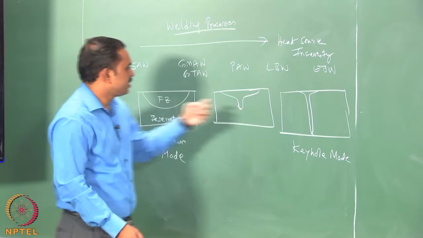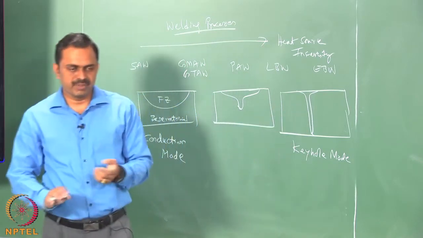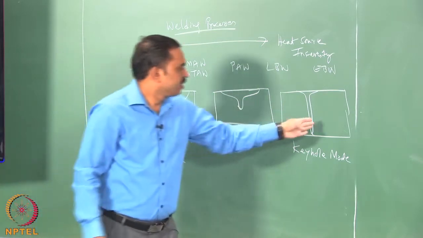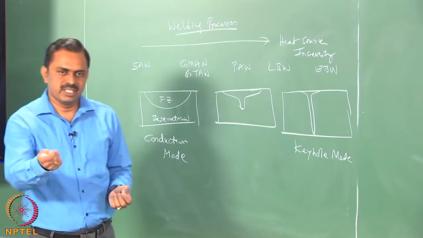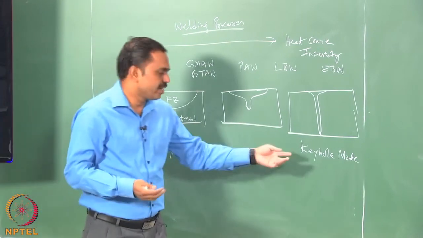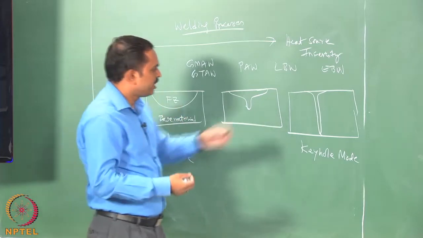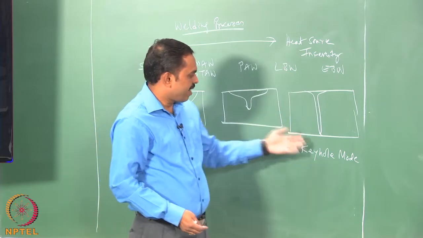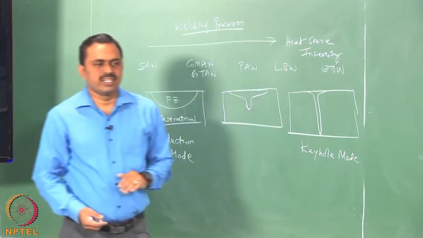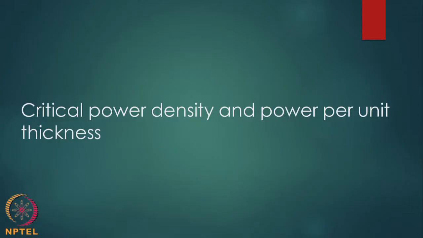So, these are the two distinct modes we refer to as conduction mode and keyhole mode. What we mean by keyhole is what is normally meant in English, basically a hole that is drilled which contains a vapor, and that has an effect on the deep penetration. You can see at what power densities this plays a role.